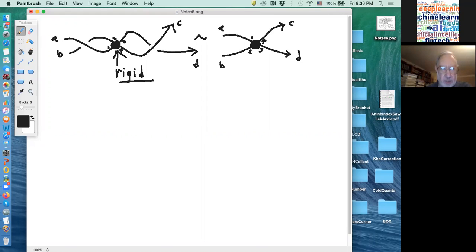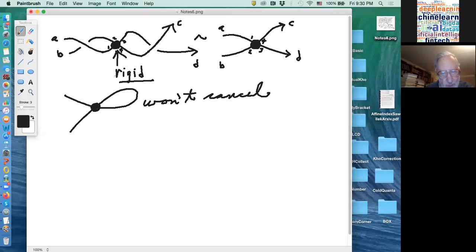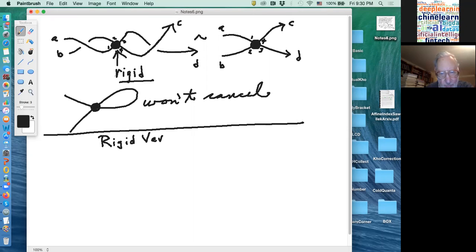So we assume that, and we assume the other extra move. This will not cancel. So that's what I call rigid vertex moves.